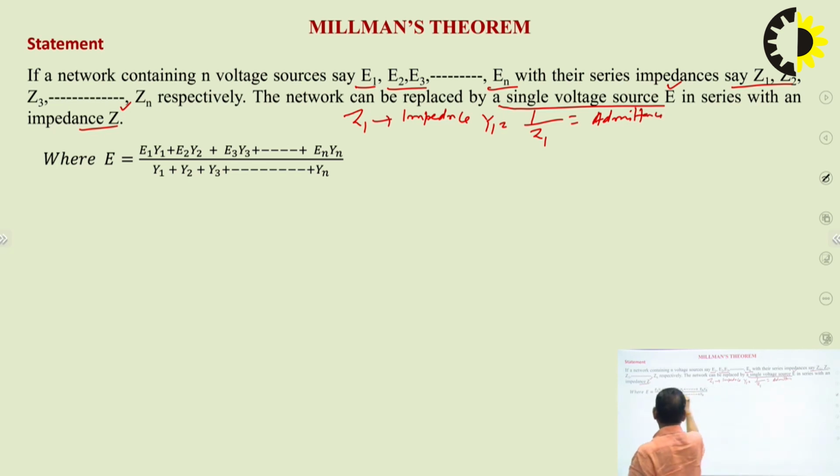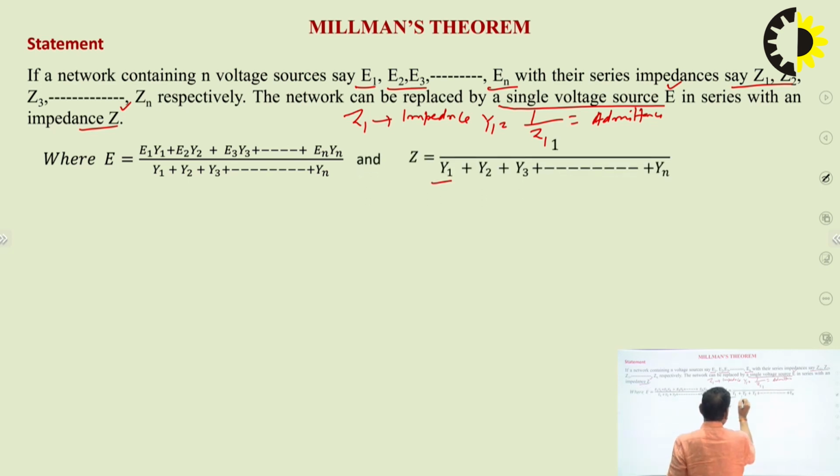And Z is given by 1 by Y1 plus Y2 plus Y3 plus Yn.